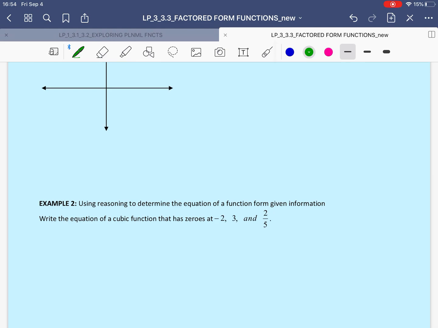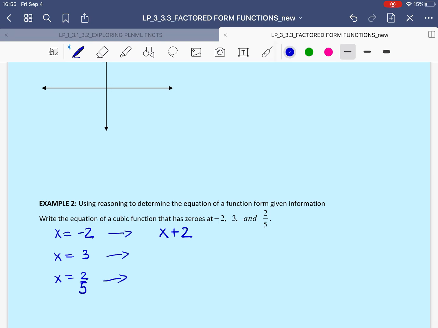And in the next example, which is a little bit different than the previous examples, we have to use reasoning to determine the equation of the function given this information. So it's a cubic function with zeros of -2, 3, and 2/5. Whenever I'm given the zeros of a function, I write them this way: x equals -2, x equals 3, and x equals 2/5. The next thing I want to do is predict the factors based on the roots.